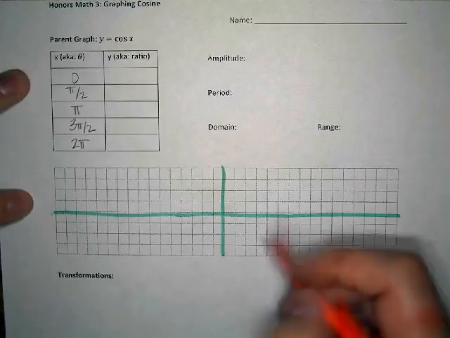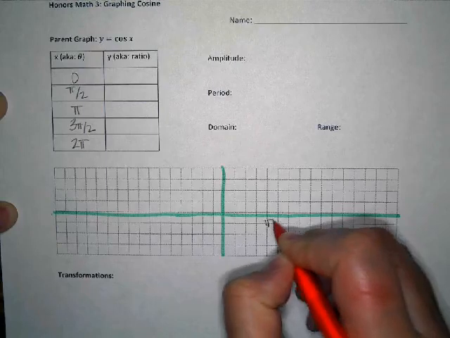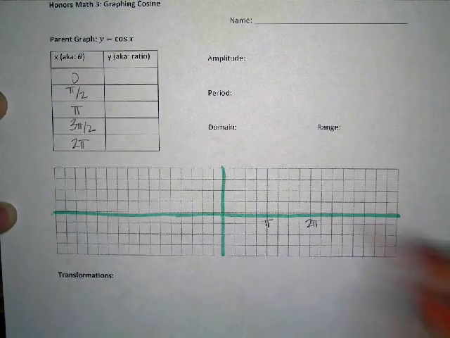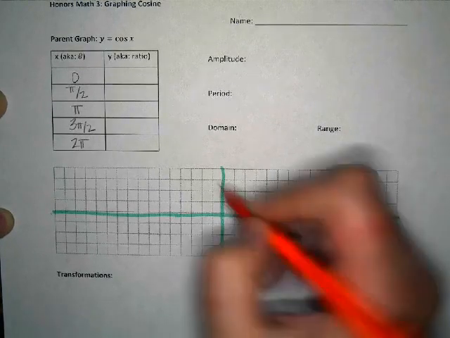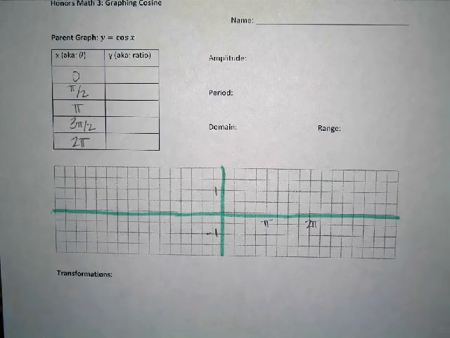So I'm going to count 1, 2, 3, 4, put a pi, 1, 2, 3, 4, put a 2 pi, and then I'm going to put 1, -1.